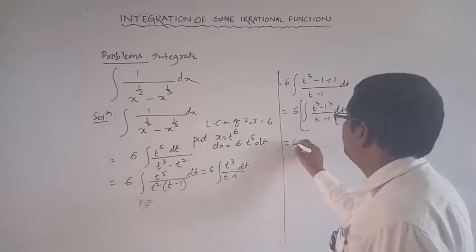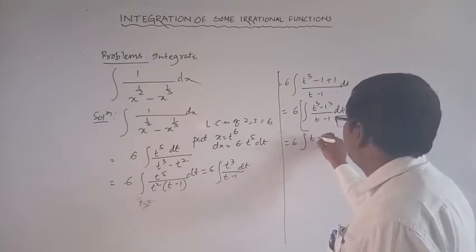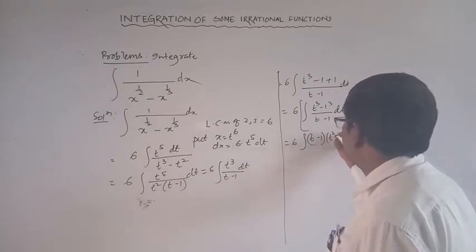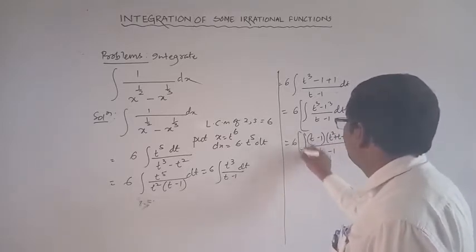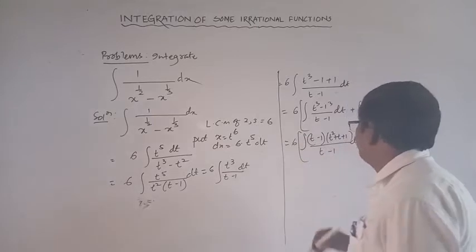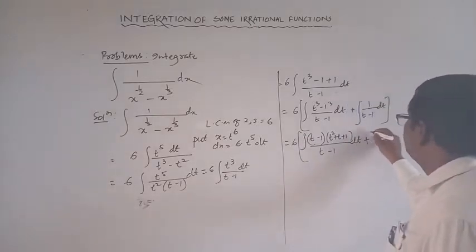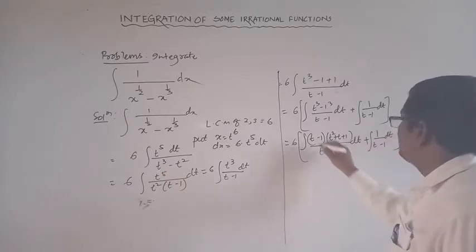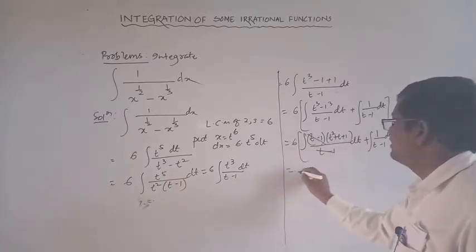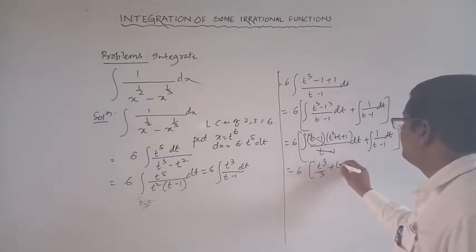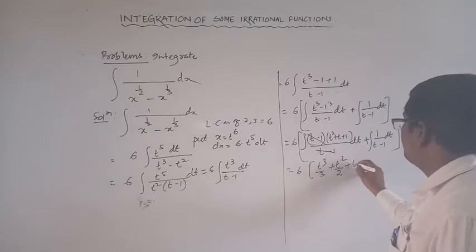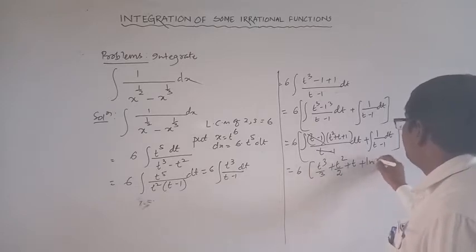So 6 into t minus 1 times t square plus t plus 1 divided by t minus 1 dt plus integration of 1 by t minus 1 dt. So t minus 1 cancels, and this is 6 into t cube by 3, t square by 2 plus t, and log of t minus 1 plus c.